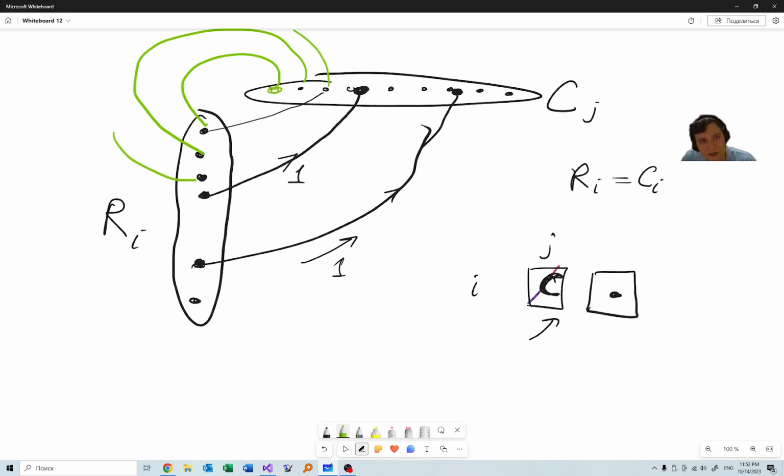Some flow comes into this vertex, all this flow goes here, all this flow goes here, and after that it dissipates from this vertex. And kind of circulation motifs are here.